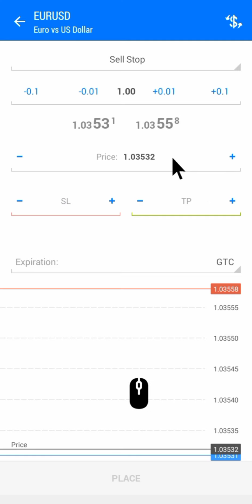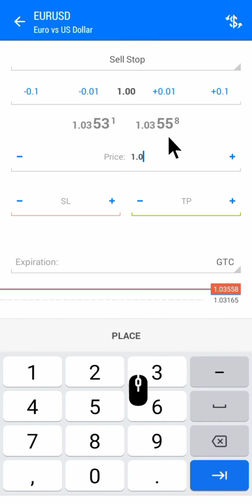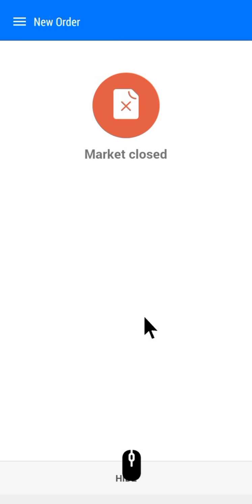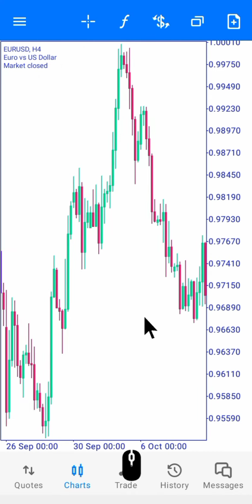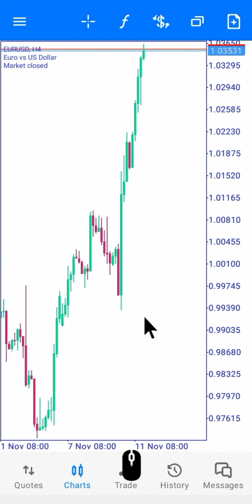Remember, when you are selling, your sell stop price has to be below. So our price is 0.98663. So this is where to place it. Then you just press. Because the market is closed, these orders will not go. But I trust you have seen what we consider when we are setting stop loss, where we put it, TP, and what you call double bottom.